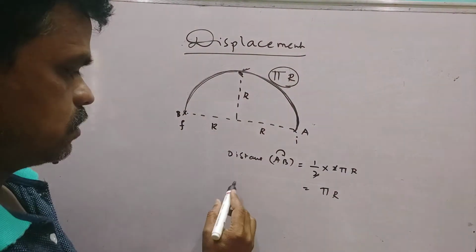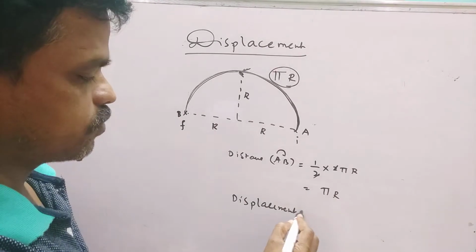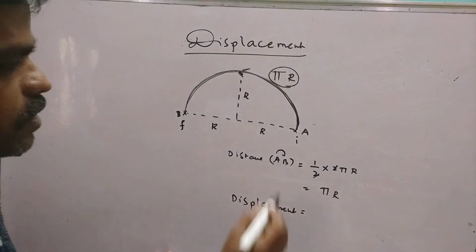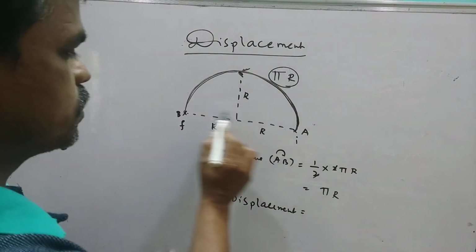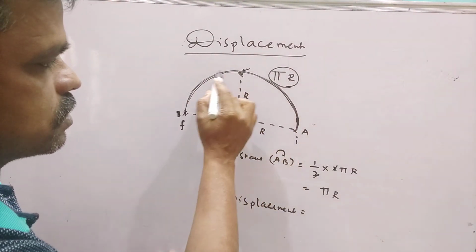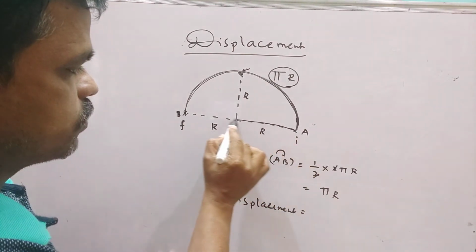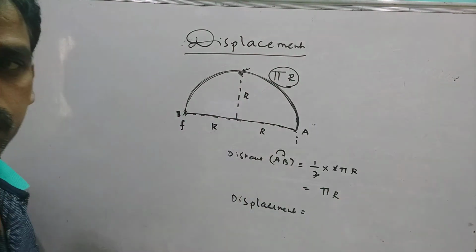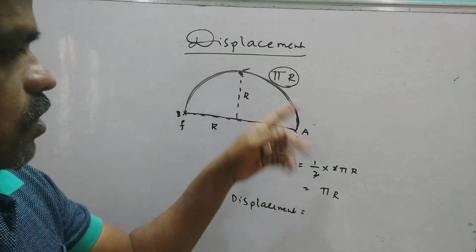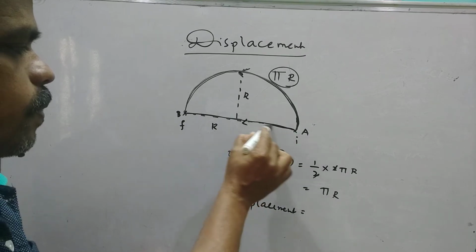So what about displacement here? Displacement is nothing but the distance between initial and final position, the shortest distance. Children, which is the shortest path here? I think A to B is the shortest path.